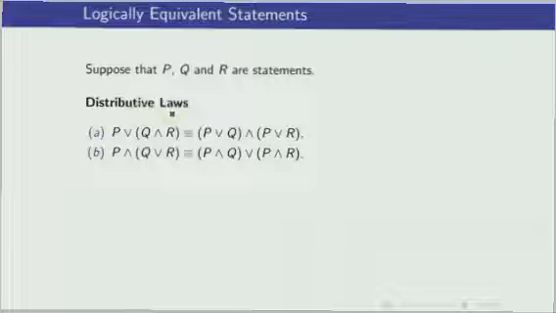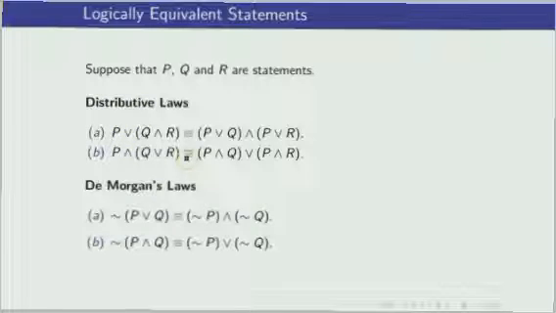We also have our distributive laws. So take note that you have two different operations here. One is conjunction and one is for disjunction. We can view this as if we have multiplication and addition. Next, we have De Morgan's law. De Morgan's law is very useful because it tells us how to negate a disjunction and a conjunction.